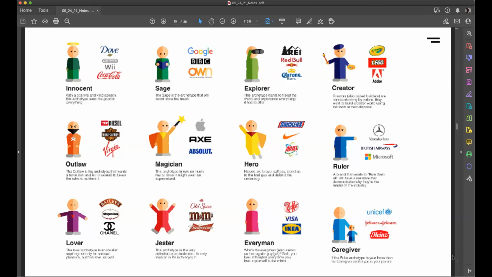Does something here speak to you in a way that you're like, ooh, I never thought of it that way, but that's maybe where I'm at? I don't know if it's just me, but I can't really read what it says on a lot of these. I know it's a terrible image. It was the only one I could find of it. There are great books that you guys can pull. The best book out there is called The Archetypes of Branding.